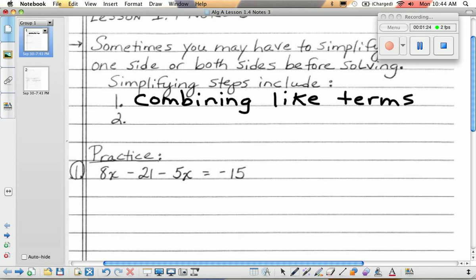We can also combine constants together. They're like terms. So one of the things we're going to look for is whether there are some like terms that can be combined on the same side of the equation. And the other thing we're going to look for is whether there is any distributive property to do, because if we have some distributive property to take care of, we need to do that before we start solving also.